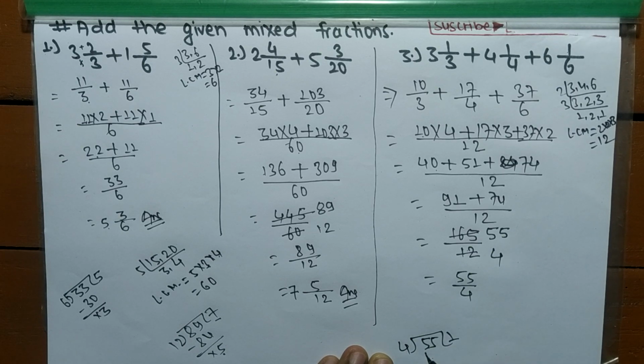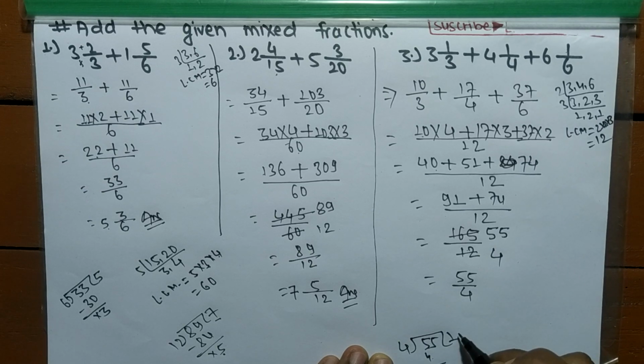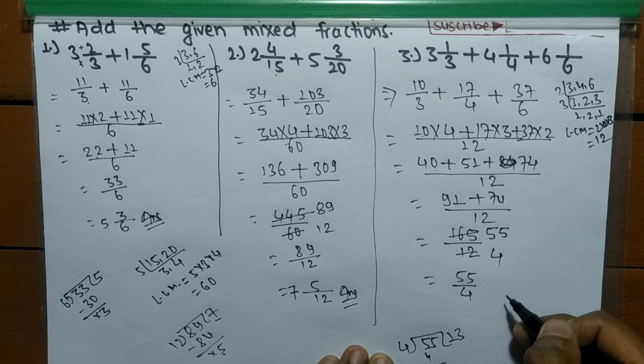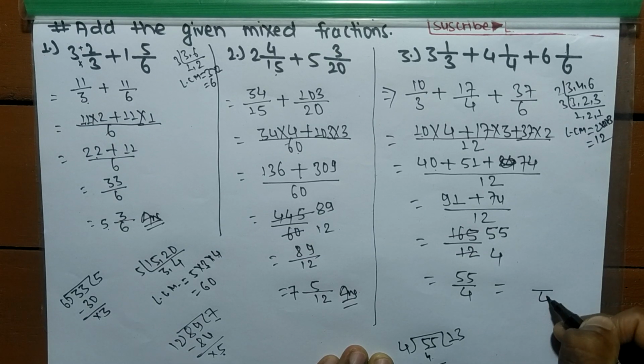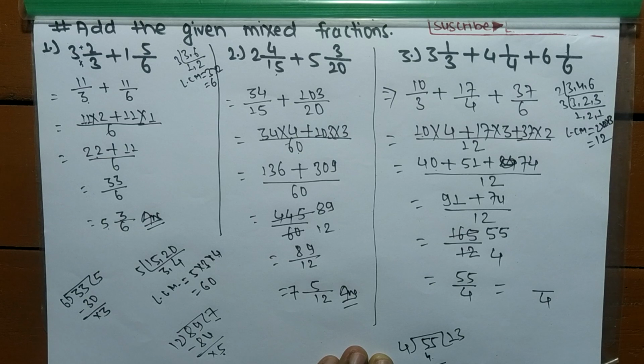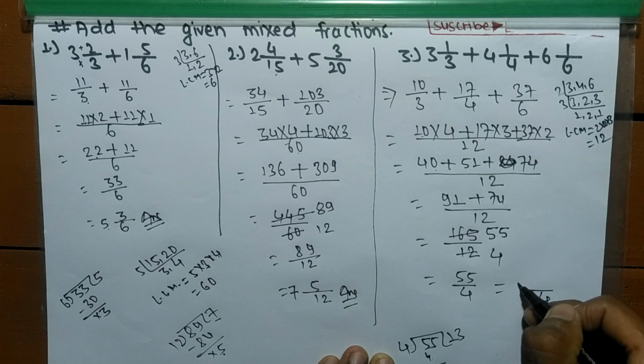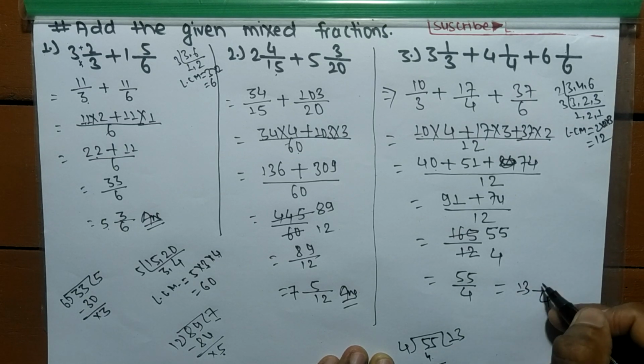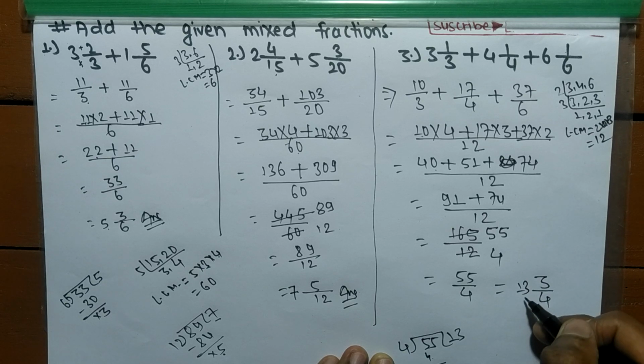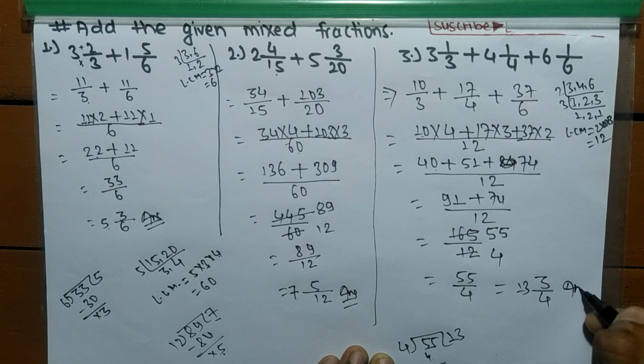So 4 times 1 means 4. So here we get 15. 4 times 3 means it is 12. So we got here 3. So it is equal to, denominator is same, quotient here is 13, so 13 and remainder is 3. So 13 whole 3 by 4 is our answer.